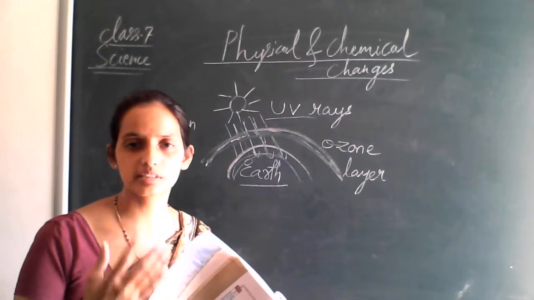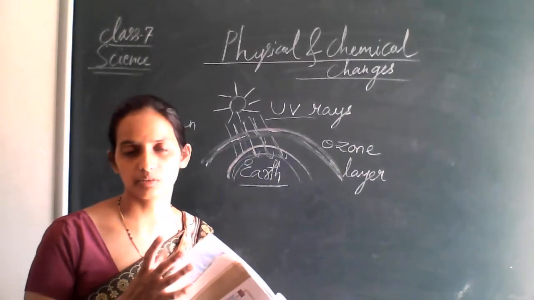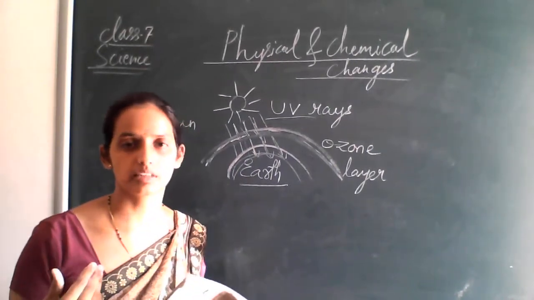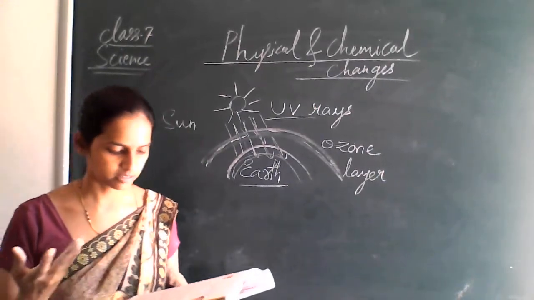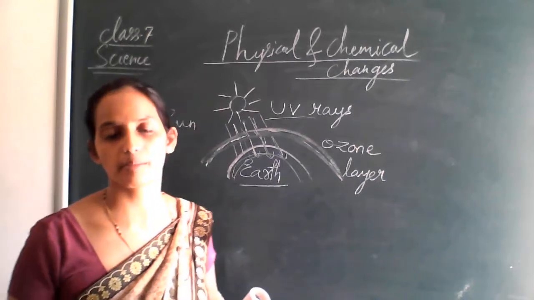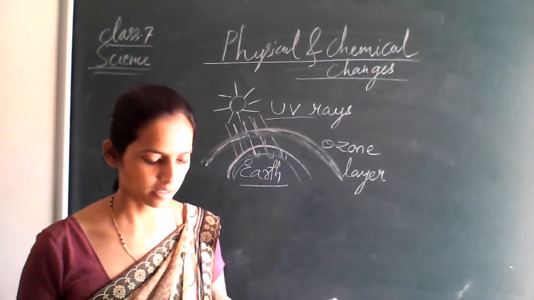Nowadays all the substances are made from iron, and they get rusted. Because of rusting, parts like vehicle parts, bridges and ships are getting damaged, and they are lost for us.